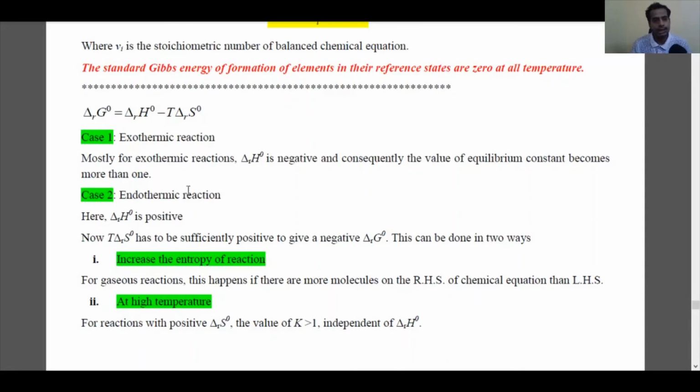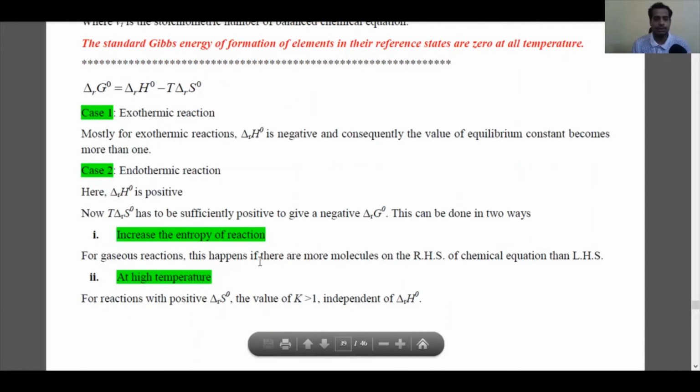And the second way of increasing this second term is at high temperature. If the temperature is more, then the second term will dominate the first term and eventually the total term will be negative, and the equilibrium constant will be more than 1 and the reaction will proceed towards product formation, in the forward direction. So when will the reaction proceed in the forward direction, or when will the equilibrium constant be more than 1? There are three cases.